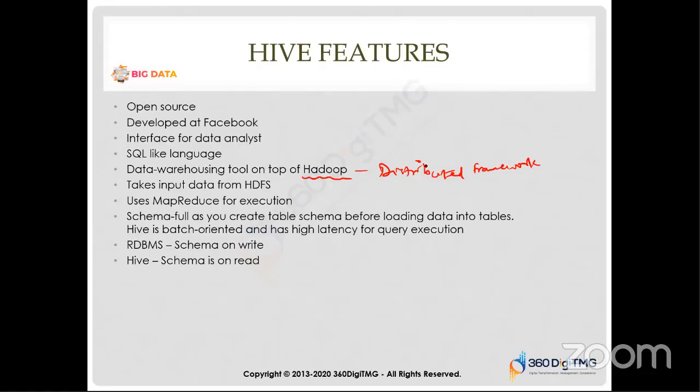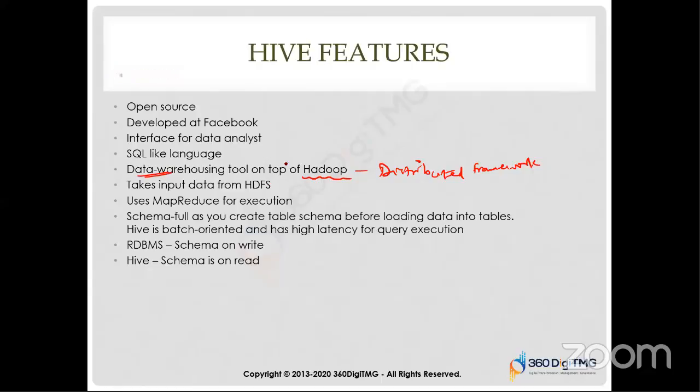If you look at an organization, the data is getting generated from different touch points, right? If you talk about Facebook, for example, there are so many different ways the data gets generated. So you have to accumulate all the data, right? And store it. So we use Hive to do that.